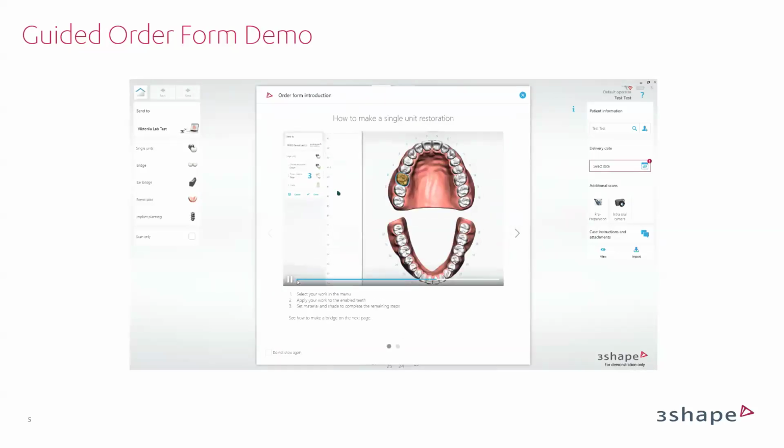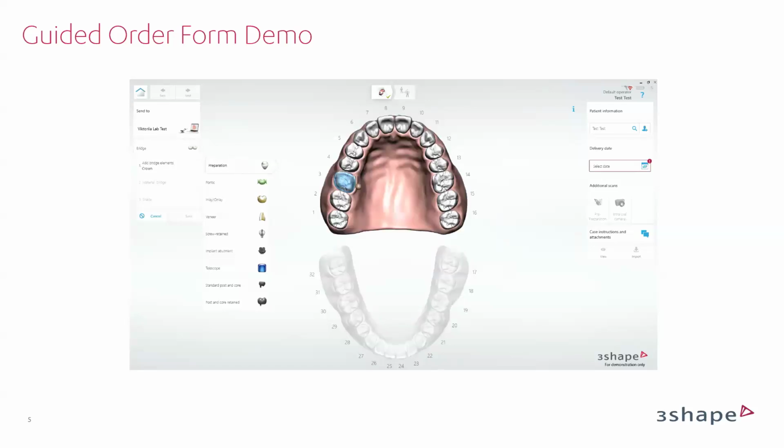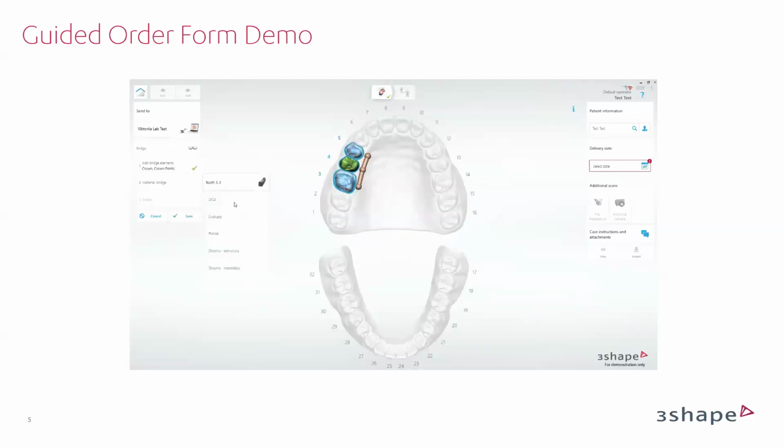So here's a short guide on how to proceed with the order and complete all the indications here. We're selecting, for example, the bridge and the preparation, selecting the teeth we're planning to set the bridge to. And we're selecting the materials, also shade.